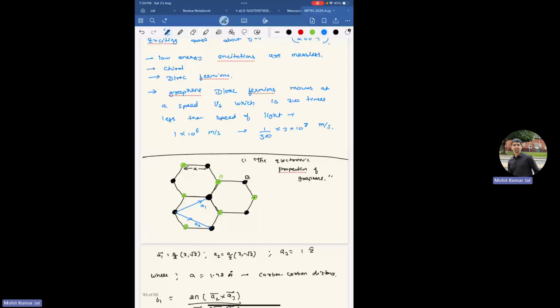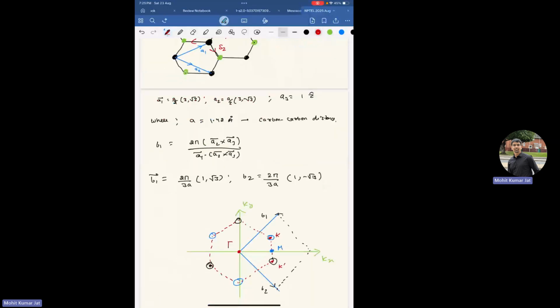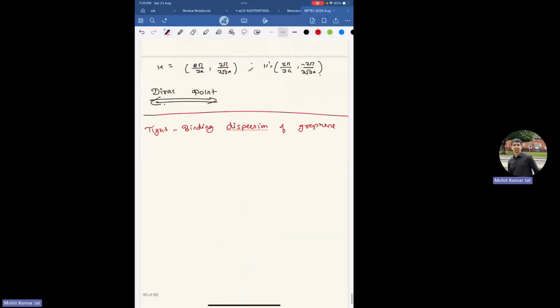So this is your delta 1, this is your delta 2, this delta 3. And you can write down the coordinates of it, and then whatever we had derived, similar here only, in the form of the creation and annihilation operators, the same tight binding model, nothing different, and you'll get the tight binding results for the graphene.